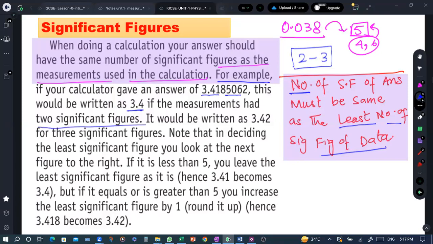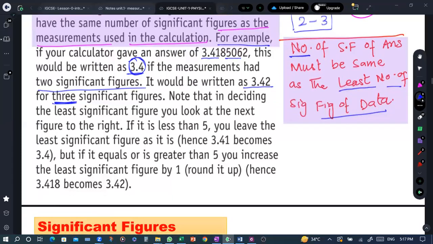If the data, the information you have collected from your measurements, has 2 significant figures, then your answer should be 3.4. And it would be written as 3.42 if there are 3 significant figures in your raw data.